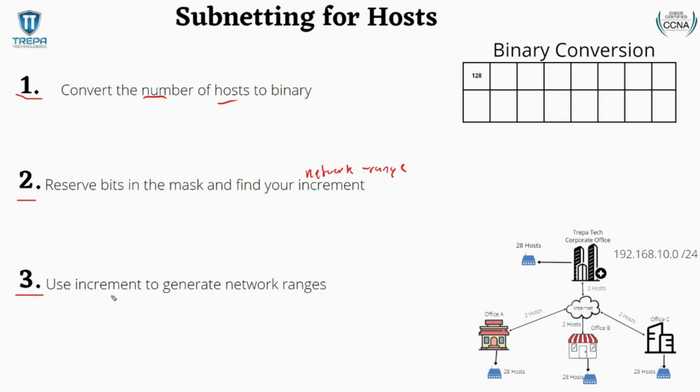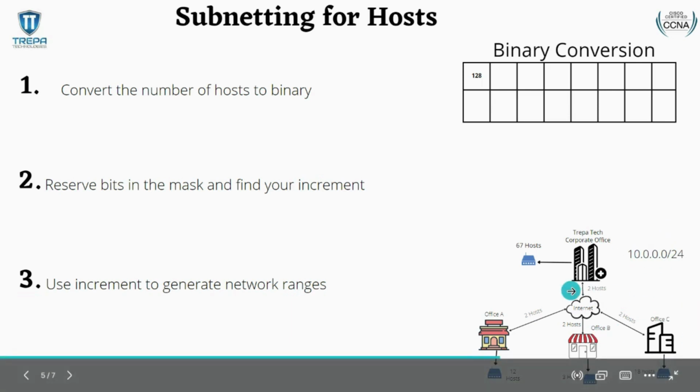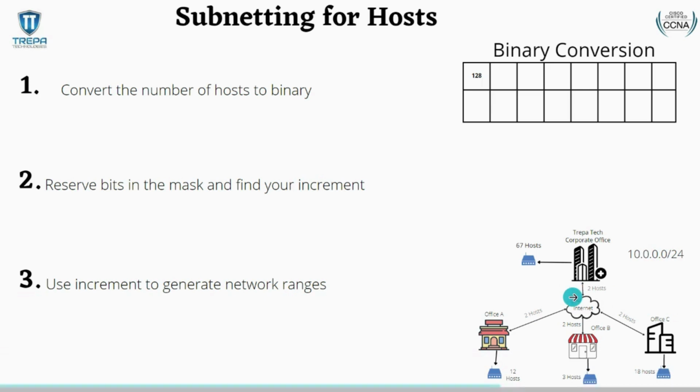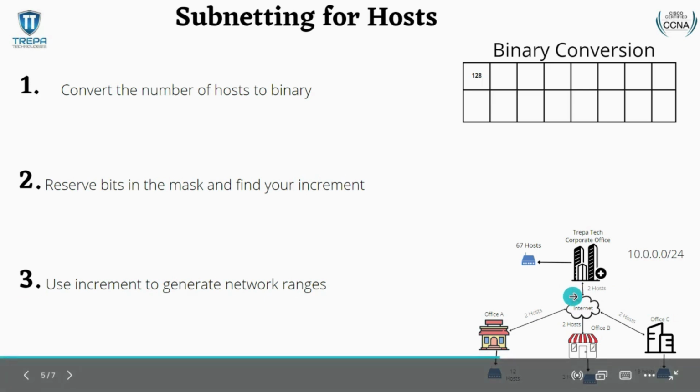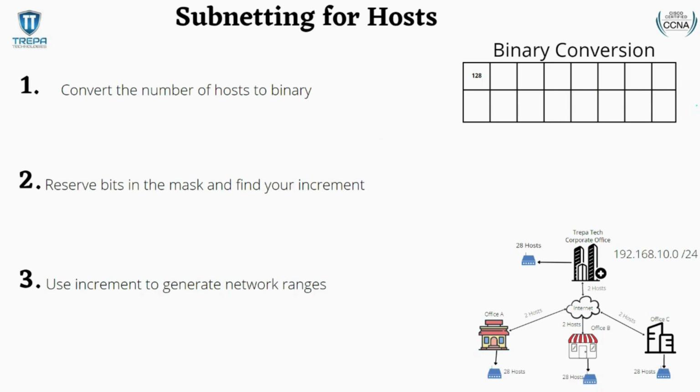And then once we find that increment, we generate our network ranges, okay? So let's break this down. I'm going to do this at a snail's pace. And then this next one right here, I'm going to also do at a rather slow pace. And then for our next videos for the Class B and Class C, I'm going to go a little bit faster. Okay, so let's do it.